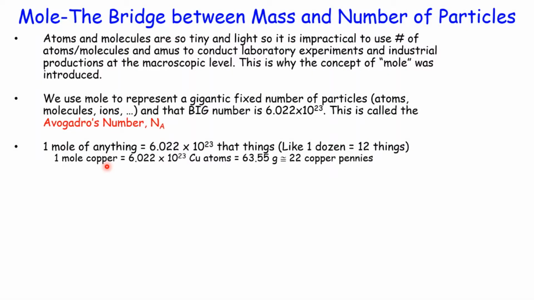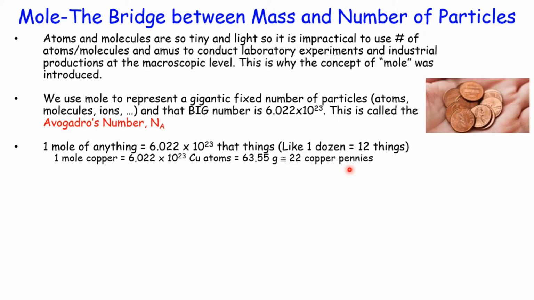Okay, 1 mole of copper, of course, contains Avogadro's number of copper atoms. And this many copper atoms, or 1 mole of copper, weighs 63.55 grams. That is about 22 pennies made of copper, okay? Then how about 1 mole of water?